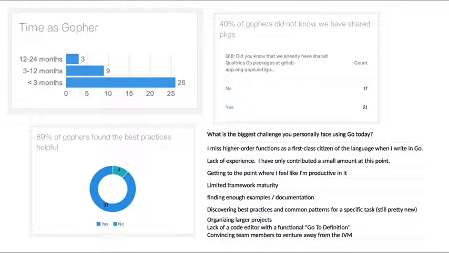For example, we can see here that the best practices we put together were really useful. But people, especially new Go engineers, were having a difficult time getting started and having the resources they needed. And so we used that feedback to drive decisions in what we focused on as a group.